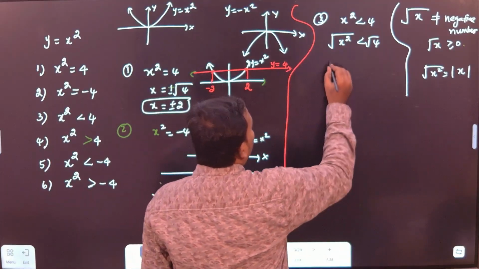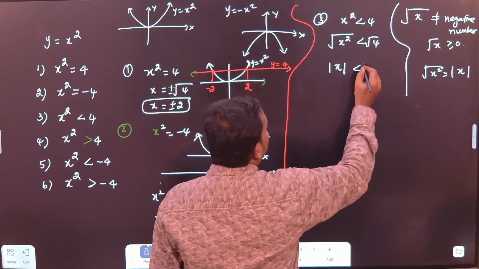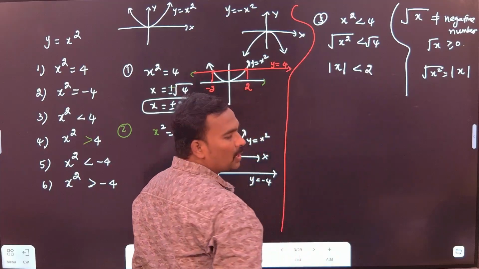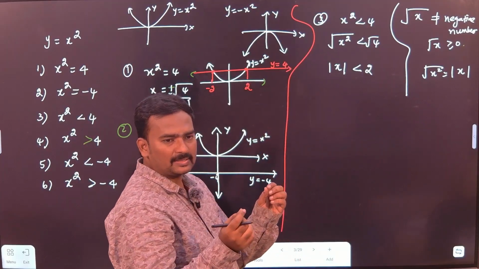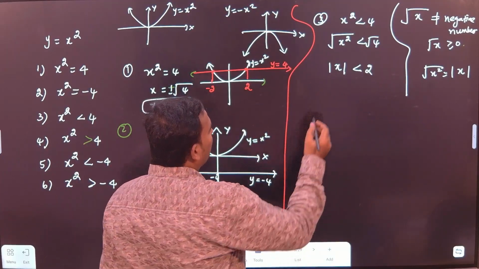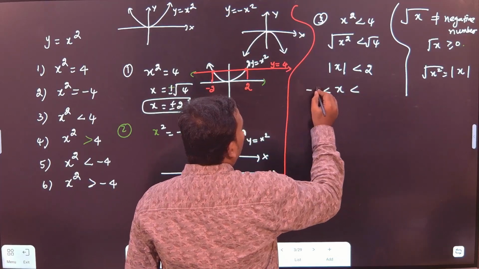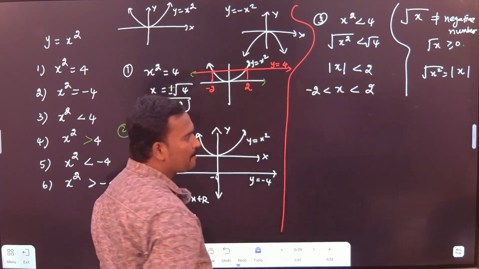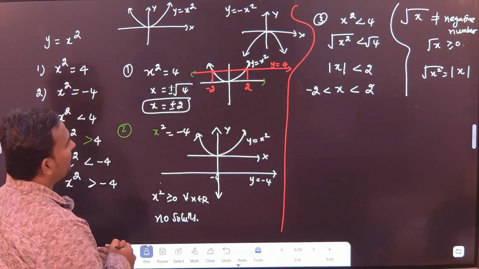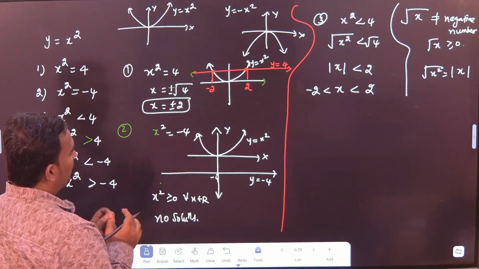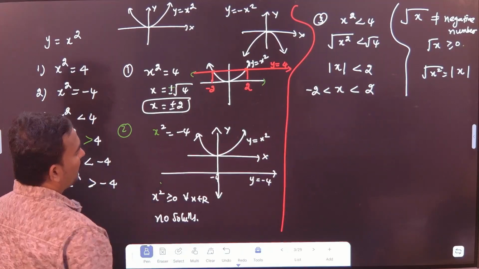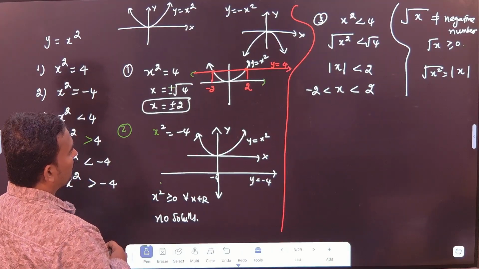It's less than square root of 4, which is 2. You already know that mod x is less than 2 means x will be from minus 2 to plus 2. Clear? Okay. So the x values lie from minus 2 to 2, right?